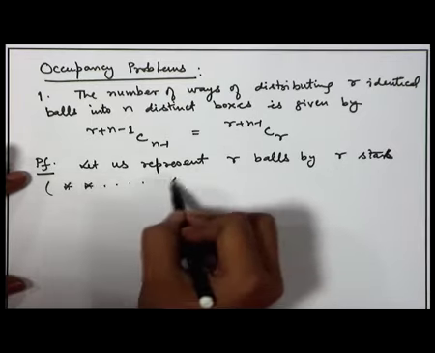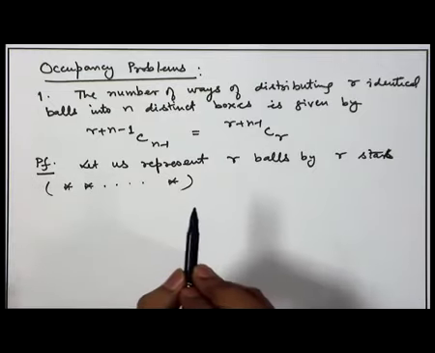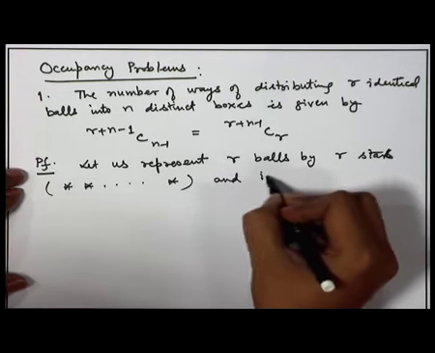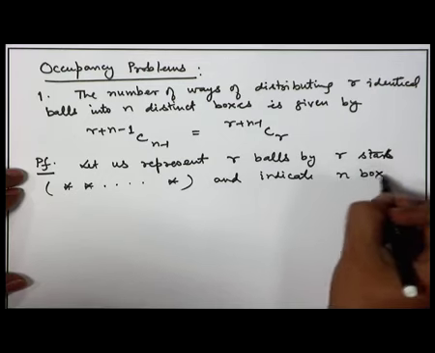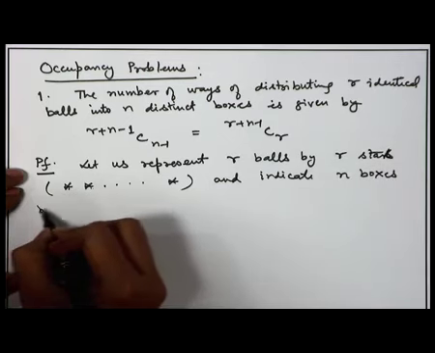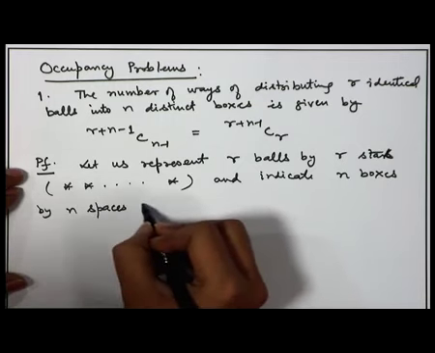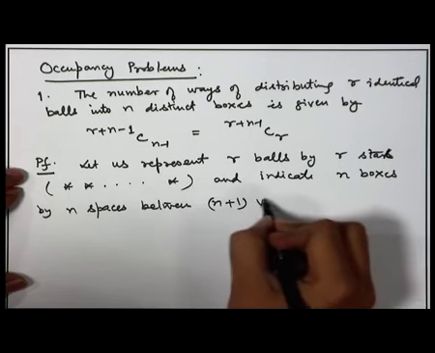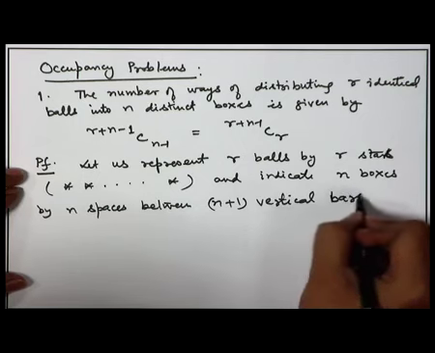The r balls are identical, so they can be treated this way. And indicate the n boxes by n spaces between n plus 1 vertical bars. Let me explain it.